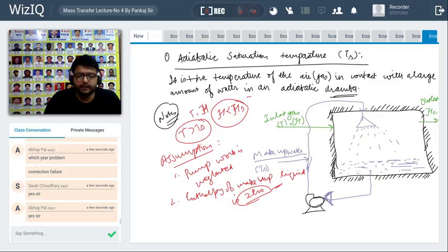Because if the temperature were more than that, then first that water would need to get cooled down, and then it would change its form, that is, evaporation or vaporization would occur. If the water is too cold, then it will decrease the temperature of the air as well as the water present inside the system. So we need to consider the enthalpy effects if the enthalpy of makeup liquid is not equal to zero.